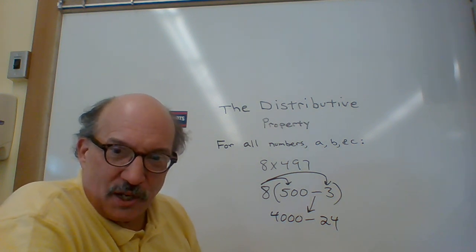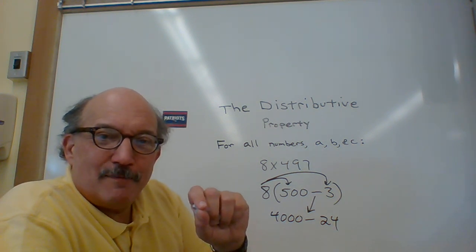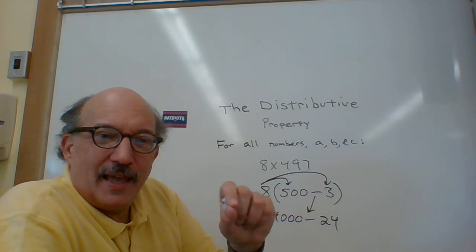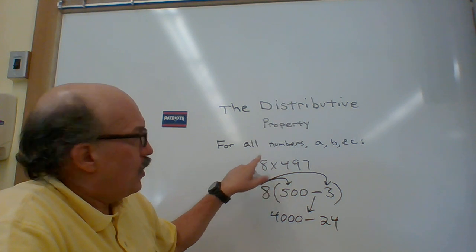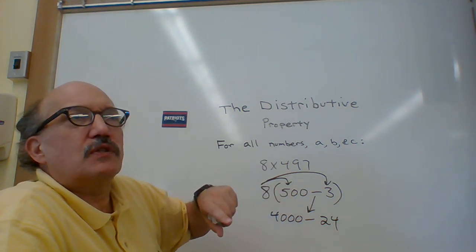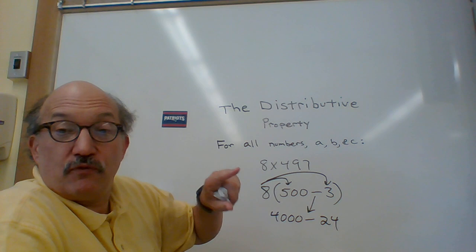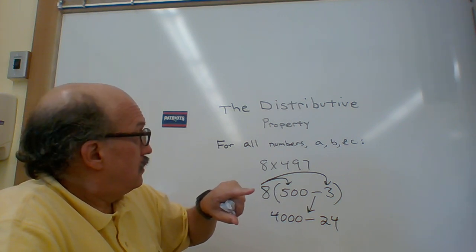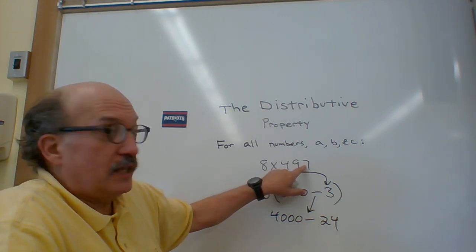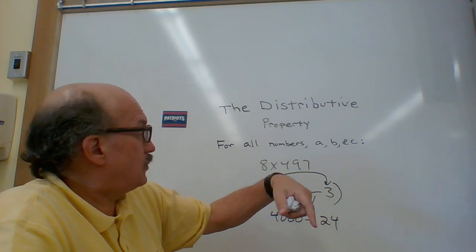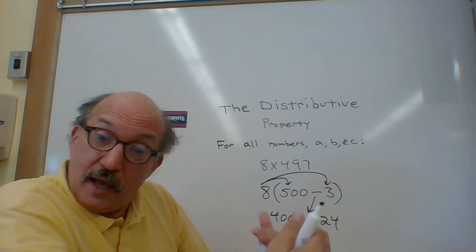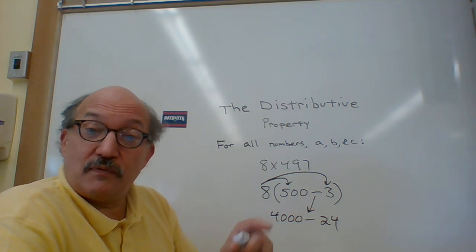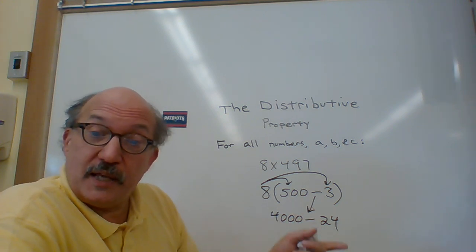This is why I said earlier, a common mistake is people might look at this and say, oh, 8 times 500 is 400. I'm sorry, 4,000. And this is 3 less, so maybe the answer is 3,997. Just subtract 3 from the estimate of 4,000, but you actually have to subtract 3 times 8.